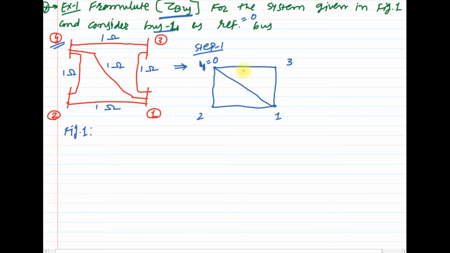Now our next step is we have to assign the number of each element. So for that, the general rule is we have to start from the least number of our network, and the least number which is in the network is 0. So we have to start from the 0 and with priority. So from 0 to 1, it is your element number 1.